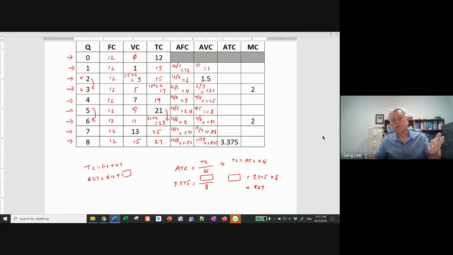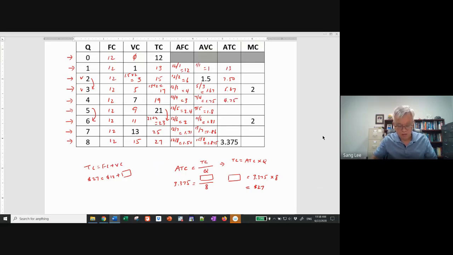All right. So once you figure out average fixed cost and average variable cost, what is average total cost? You just add them up. So 12 plus 1 is 13. 6 plus 1.5 is $7.50. This will be $5.67. Here, $4.75.